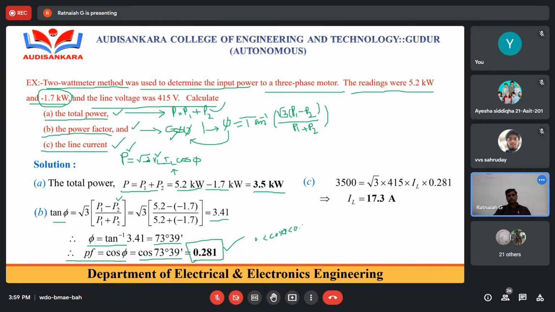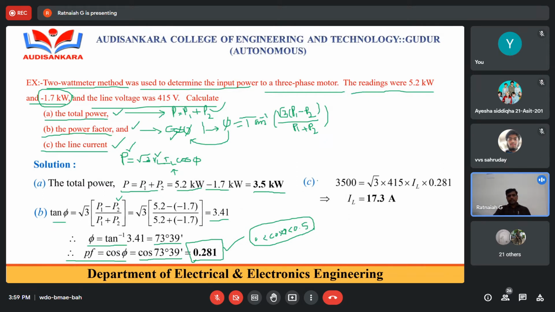That means if one wattmeter reading is positive and the other wattmeter reading is negative, the power factor is always in between 0 and 0.5. If the power factor is greater than 0.5, automatically both the wattmeter readings are positive. If the power factor is unity, both the wattmeter readings should be the same.